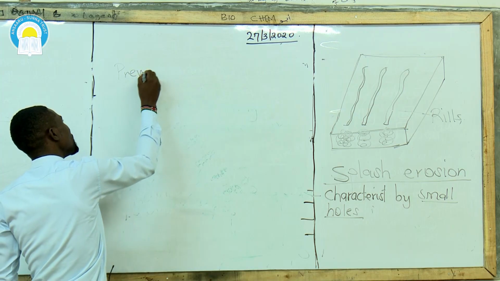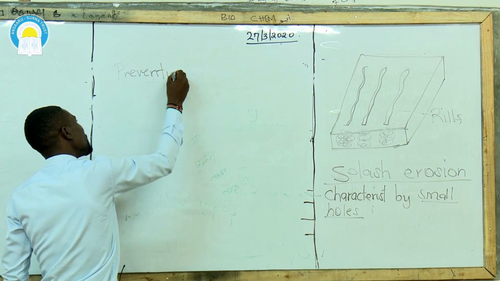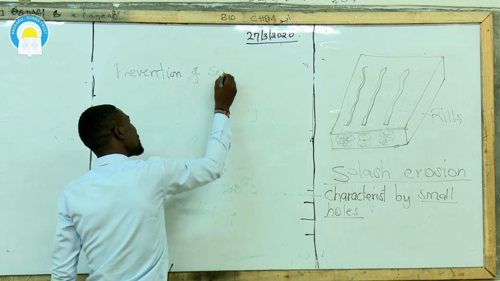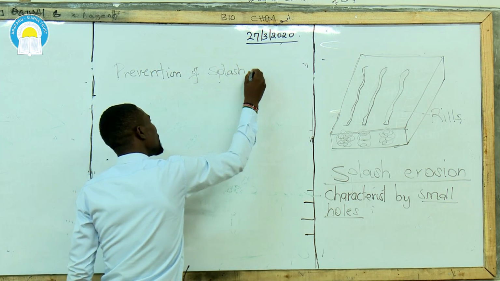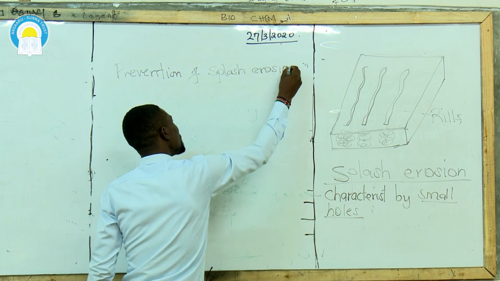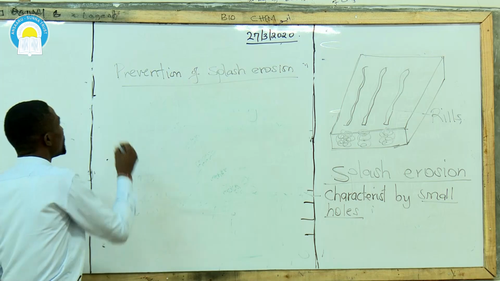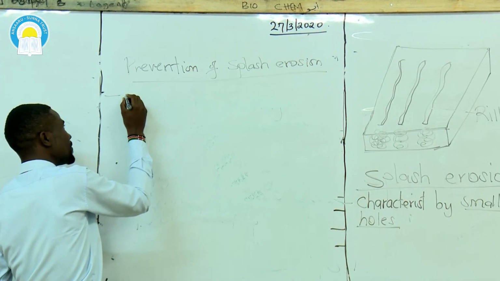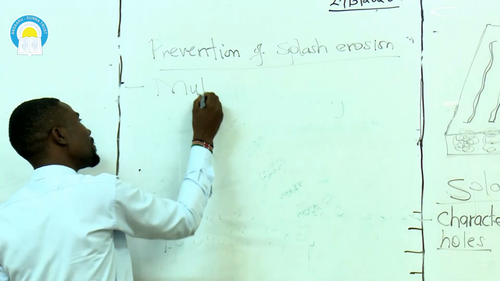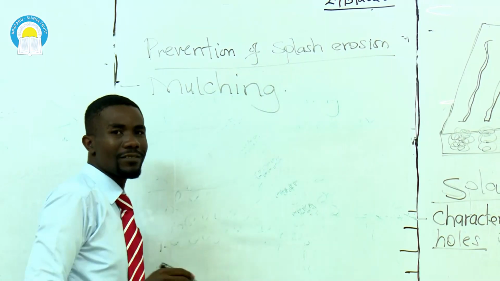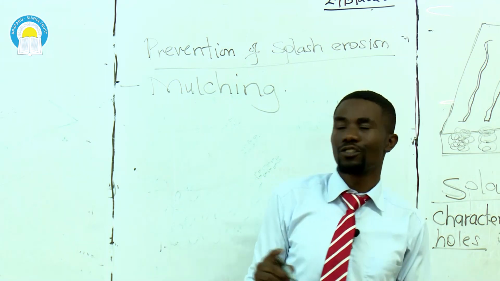Prevention of splash erosion. How do you prevent it? We prevent it by mulching. And remember, we have got types of mulches.